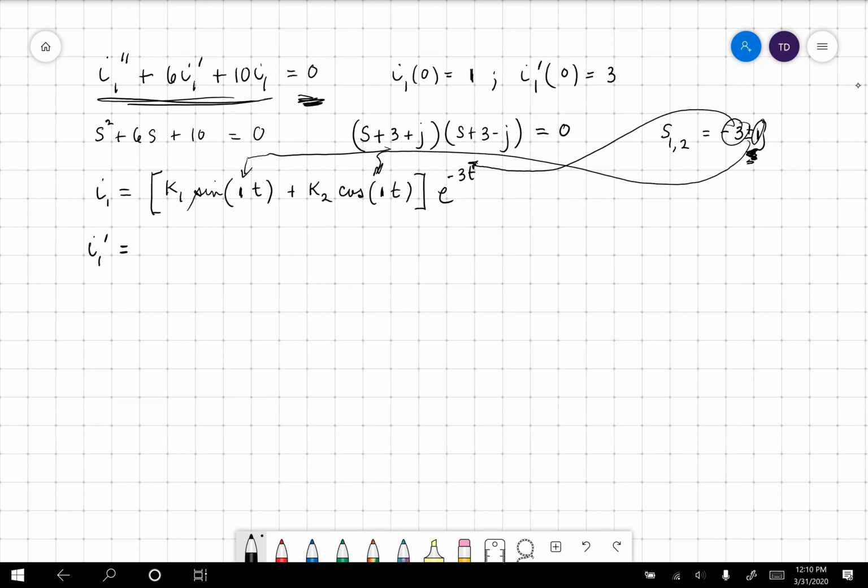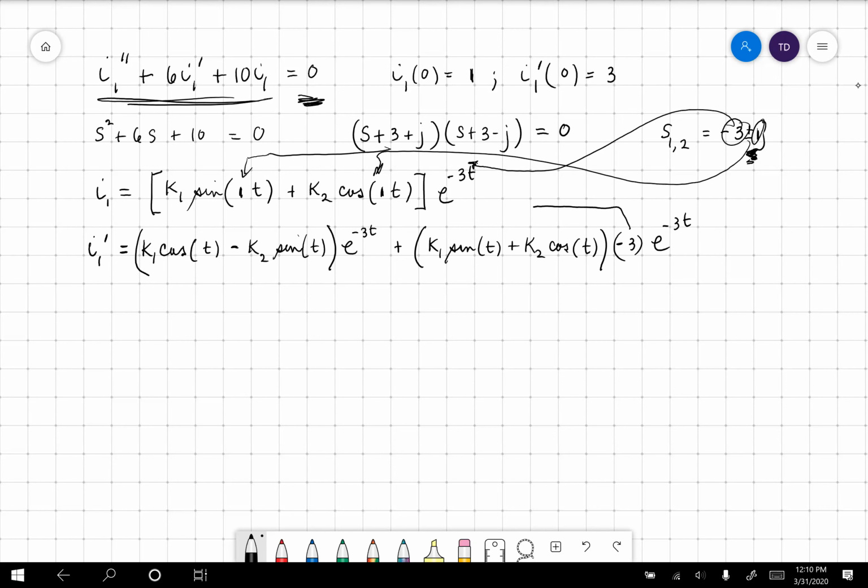So it's the derivative of the first, cosine of t, with my K1 out in front, and then minus K2 sine of t, that's the derivative of the first, times the second, times e to the minus 3t, plus the first, K1 sine of t plus K2 cosine of t, times the derivative of the second, times minus 3 e to the minus 3t. This minus 3 is a multiplier that's going to appear here and here.